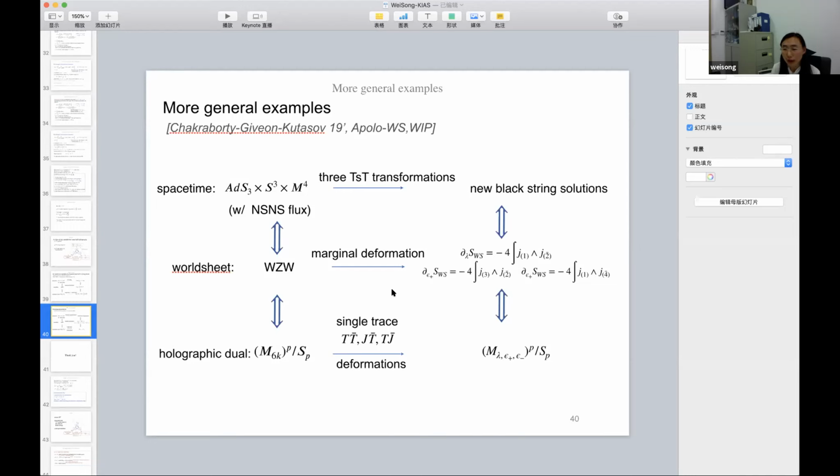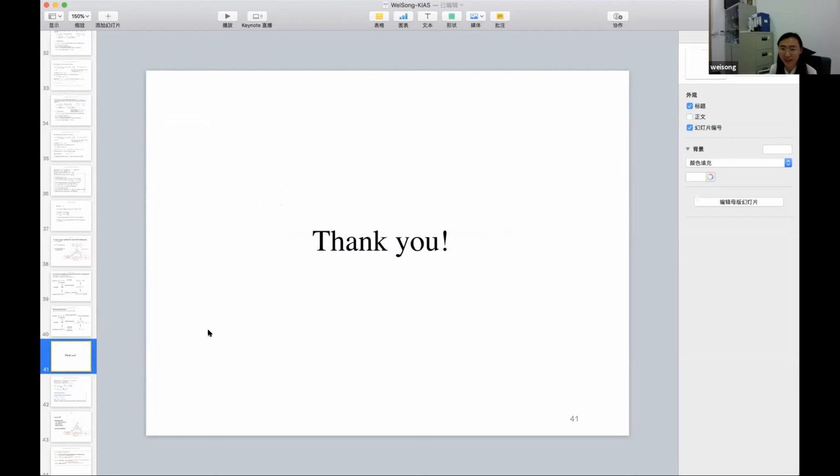And one can also find that a similar story also works very nicely. So let's provide some more evidence that there's this connection between TsT transformation and such irrelevant deformations in the field theory side. Okay, I'll stop here. Thank you.